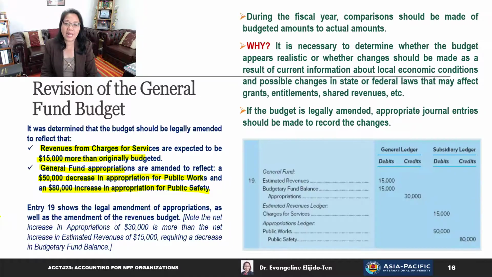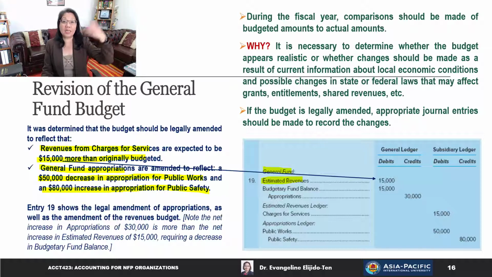So the journal entry would be in the general fund. We will be debiting estimated revenues for 15,000. Where is that from? That's the revenues from charges for services that are expected to be 15,000 higher. So we will be debiting estimated revenues to increase that 15,000.